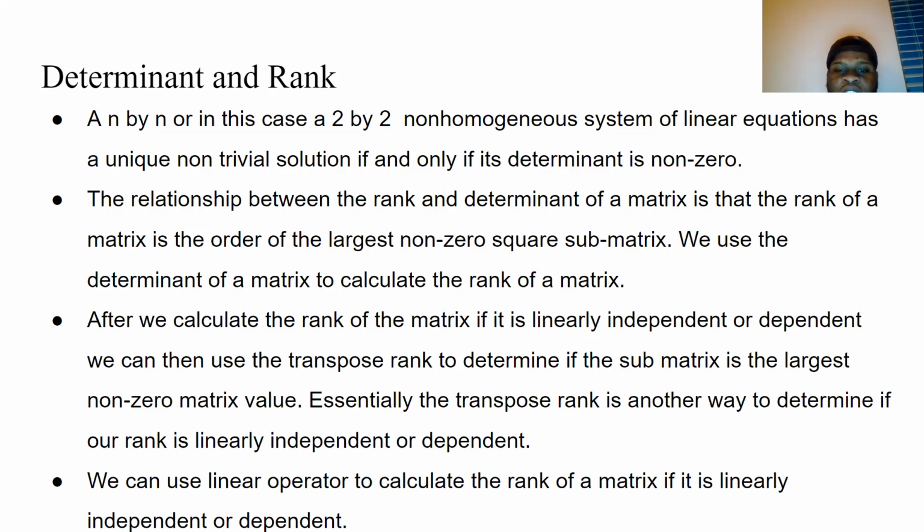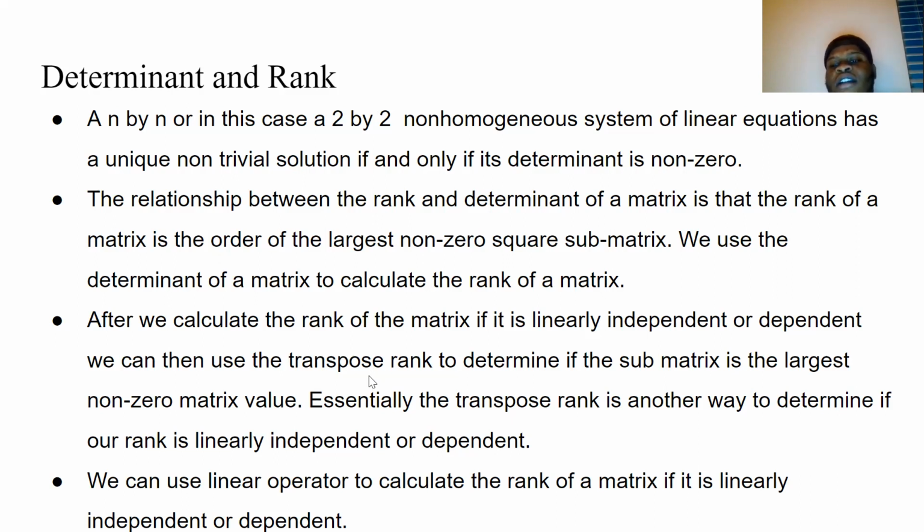After we calculate the rank of the matrix, it has to be linearly independent or dependent. The row and column vectors have to be linearly independent or dependent. We could then use the transpose of the rank to determine if our submatrix is the largest non-zero value. What I mean by transpose is that if we use A^T, it has to equal A, basically.